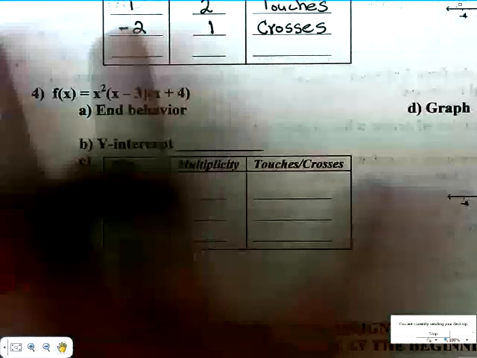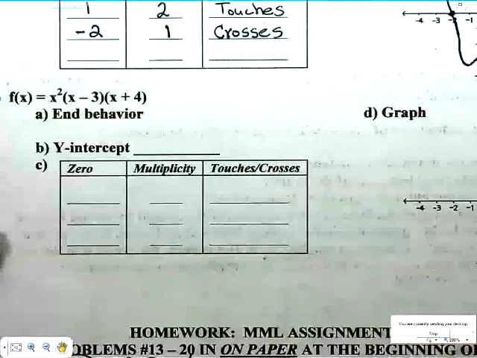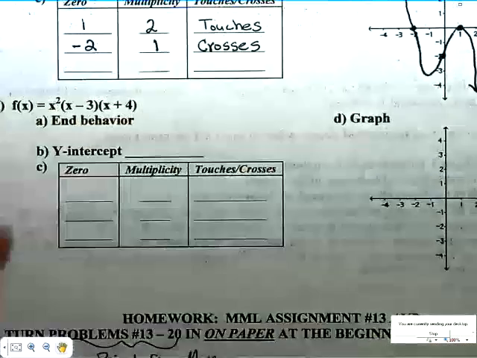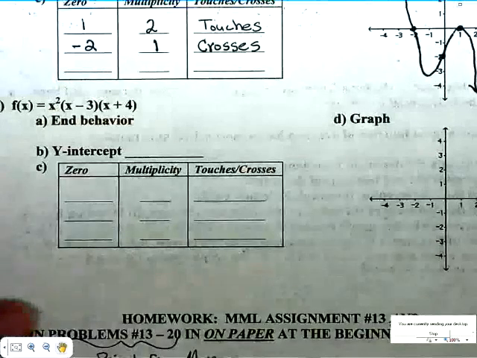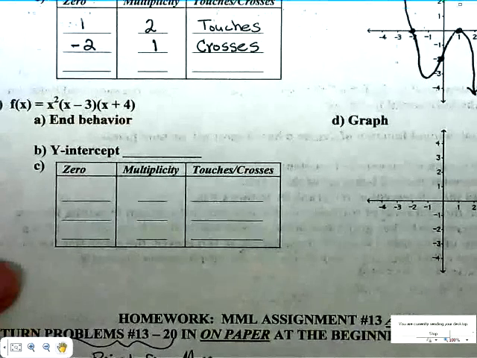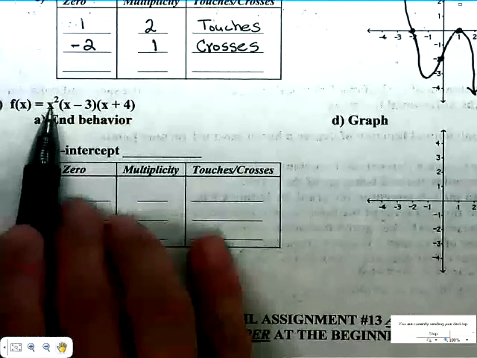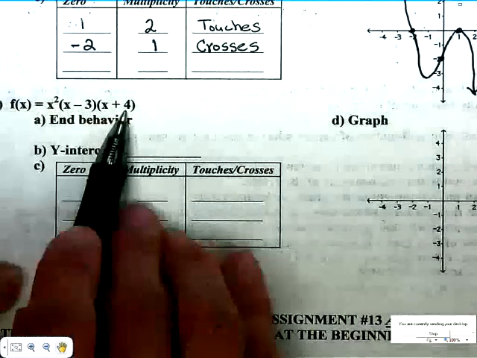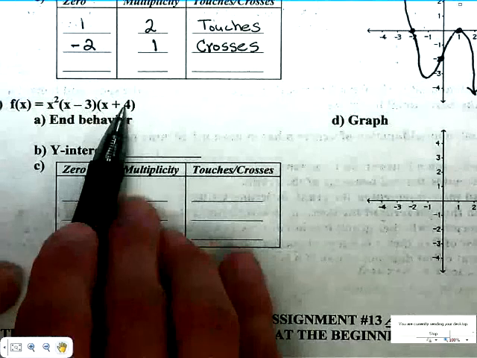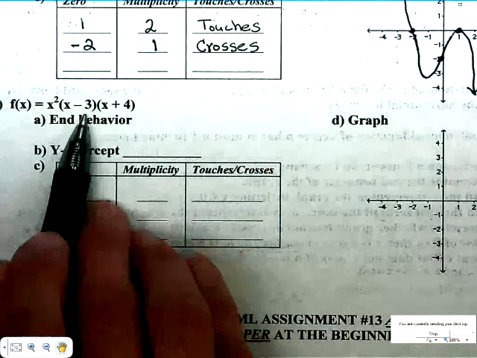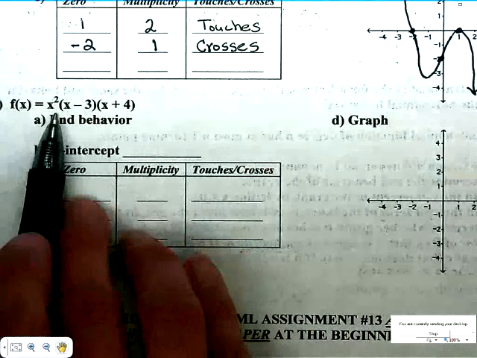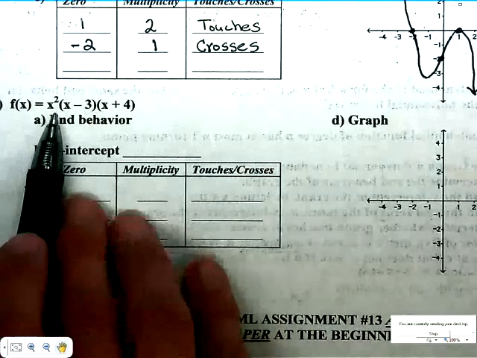I can look at that equation and tell you the x-intercepts are what? You can do that in your head. Set each factor equal to 0, and you get -4, +3. If you set x equal to 0, you do get a solution.